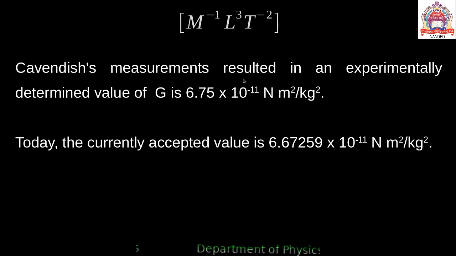Cavendish's experiment resulted in an experimentally determined value of G of 6.75 times 10 to the power minus 11 newton meter square per kg square. Today the currently accepted value is 6.67259 times 10 to the power minus 11 newton meter square per kg square.